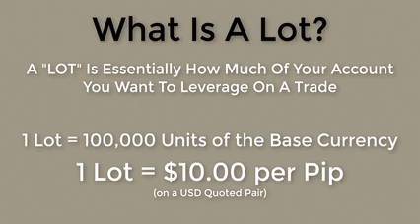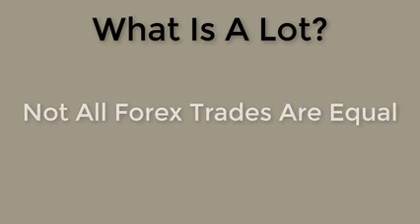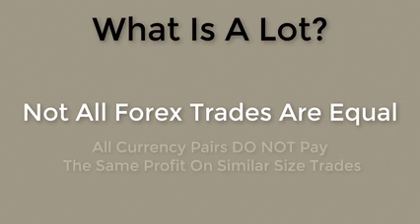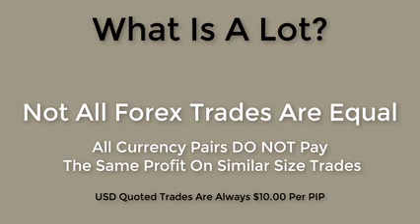So let me give you a little more information, okay? Now, you need to understand this: not all trades are equal. Even though you're leveraging 100,000 units on each trade, if you're trading a USD quoted trade where the dollar is the quoted pair, it's always worth $10 per pip movement on a 1 lot trade.